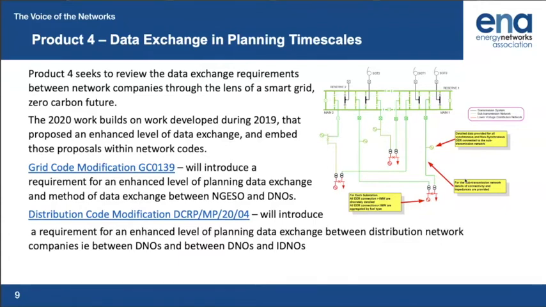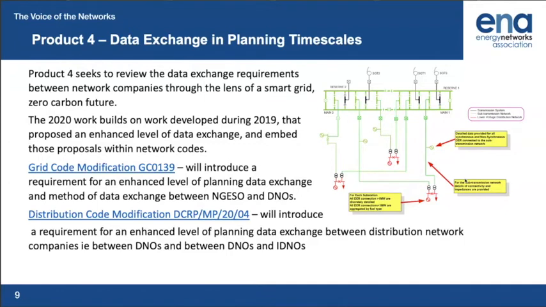Some of the data that DNOs need to provide to the National Grid is not nowadays all in their own gift. A lot of it is held by third parties, whether they're IDNOs and the like, who have a lot of generation connected to their network, which is vital that we understand, both for the planning of the distribution network, but also planning the transmission system.